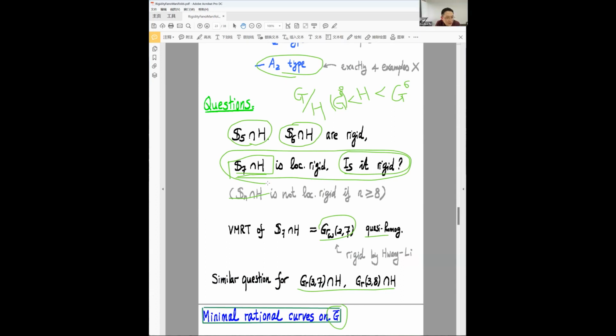So I guess it's some group of dimension 28, right? Yeah, 20. S7 is 21. So I don't remember.